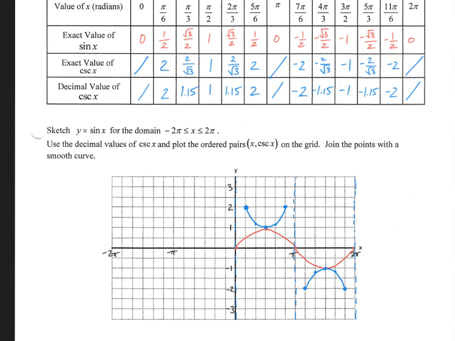I think we should actually be comfortable to complete the entire graph, but I want to stop and talk for a second about what's going to happen in this interval between 0 and pi by 6. If you take a look at your sine curve and we think about the reciprocal, then we should understand why what we naturally want to do occurs.